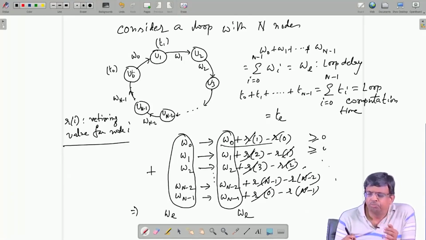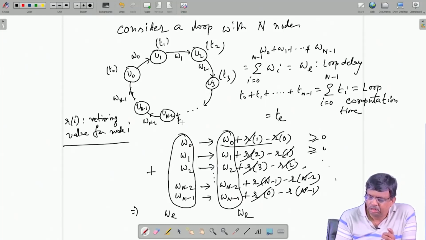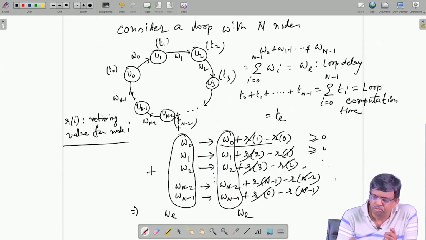If you see the net processing that we are doing, first we are doing processing by U0, followed by U1. There is a delay of course, but otherwise, processing wise, U0 takes some amount of time T0. Next processing is U1, taking T1, then U2, taking T2, T3, up to Tn minus 2, sorry I forgot to mention this here, and so on.